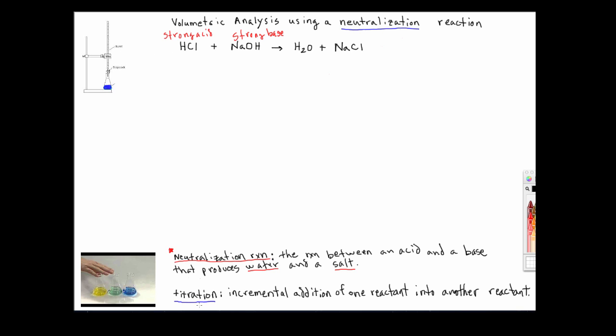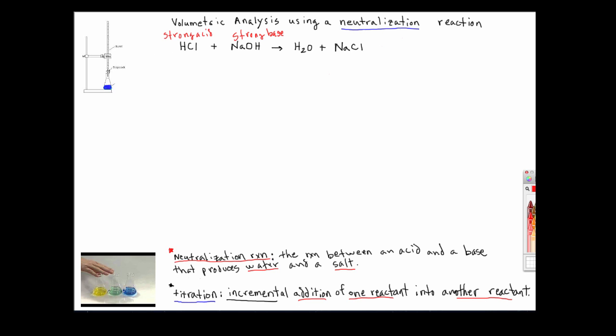Now, I've introduced the concept of titration in previous videos. The viewer needs to remember that it's a general technique that involves the incremental addition of one reactant into another reactant.